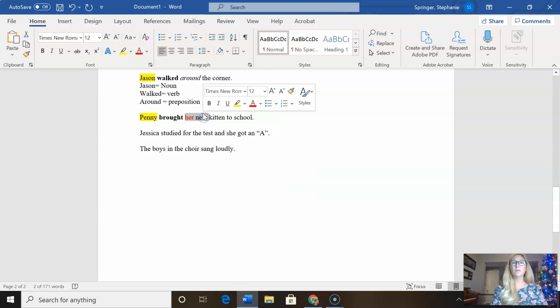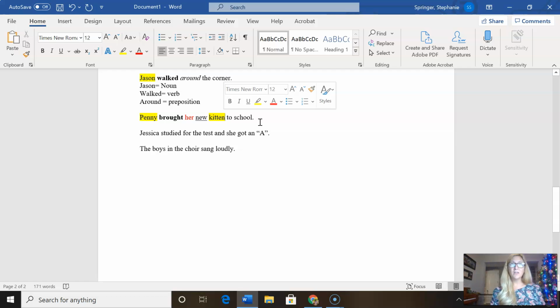New is an adjective, so I'm going to underline that. Kitten is a noun. So we've got Penny as our noun. It's a person. Brought, action, verb. Her, instead of saying Penny again, we're going to replace Penny with a pronoun. New is describing the kitten, which is a noun, so new is adjective.